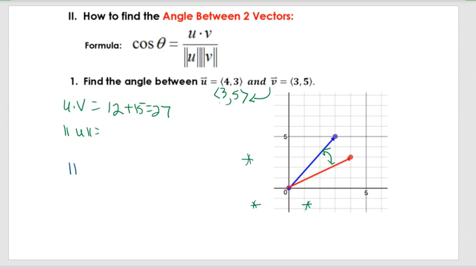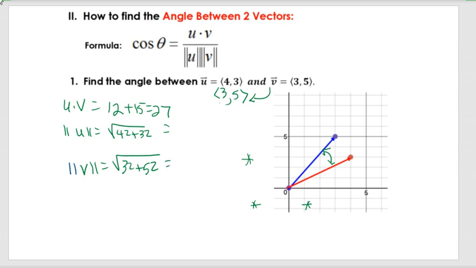The magnitude of u is the square root of 4 squared plus 3 squared. The magnitude of v is the square root of 3 squared plus 5 squared. All right, so I need to do this twice. I'm trying to hurry.